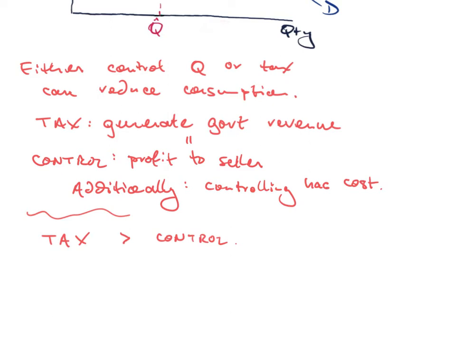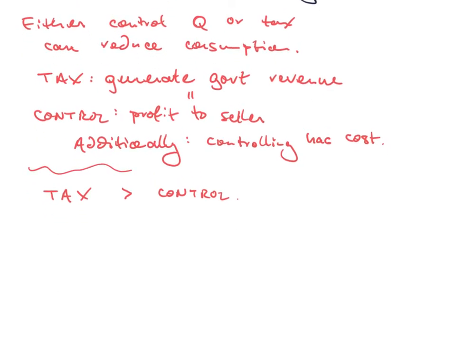If the price of a tablet of ecstasy is, how much does it sell for? Okay, $20. Sure, let's pretend that's the market price.